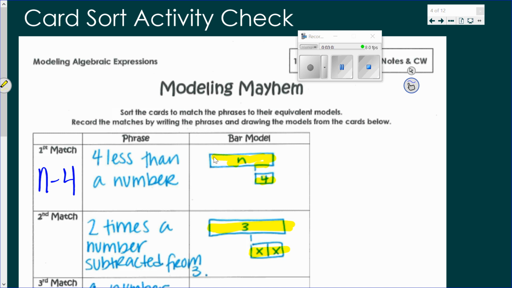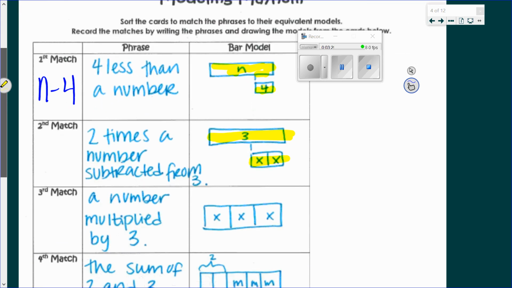Those 2 x's are put together in one piece, all right? You could say it's x plus x, but we already had this discussion last week or the week before, I can't remember. Repeated addition is the same as multiplication. Good. So that is 2x. So to write this as an expression, you would say 3 minus 2x.